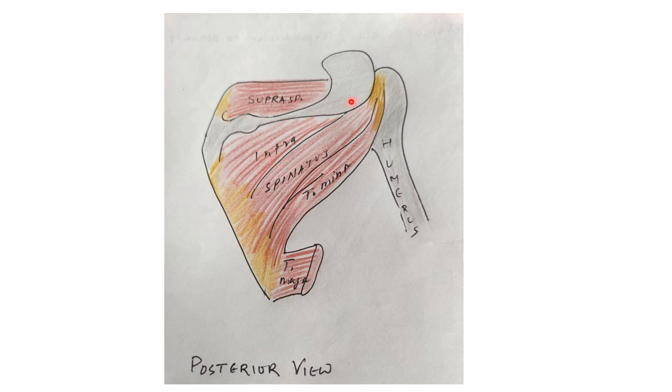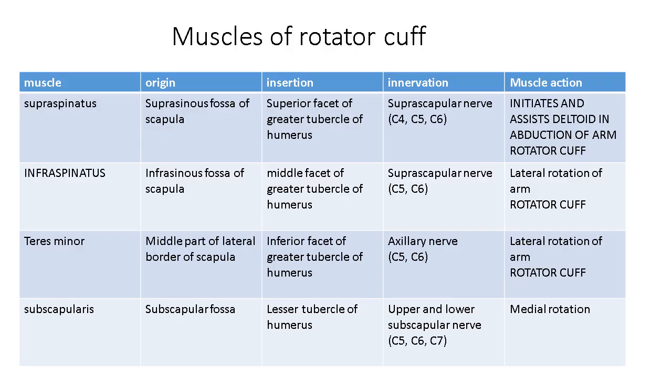This is the spine of the scapula. Above the spine there is the supraspinous fossa, below the spine there is the infraspinous fossa. So these muscles arise from these two different fossae respectively, and they are inserted on the greater tubercle of the humerus. And the third muscle, teres minor, arises from the lateral border and is inserted on the inferior facet of the greater tubercle of the humerus.